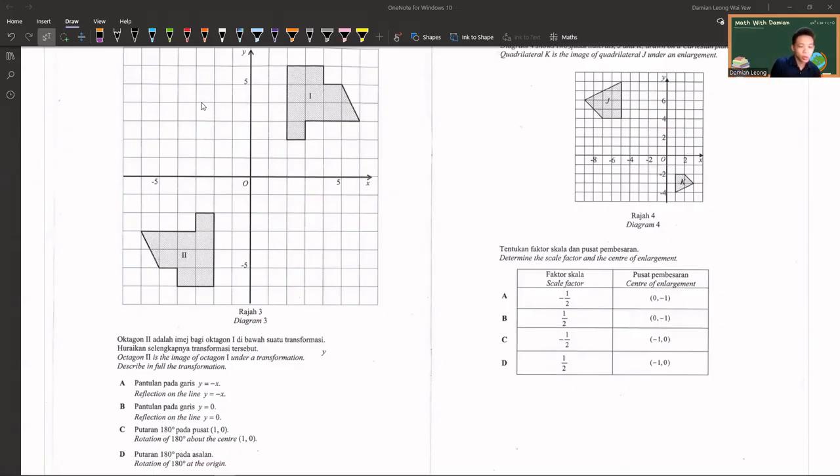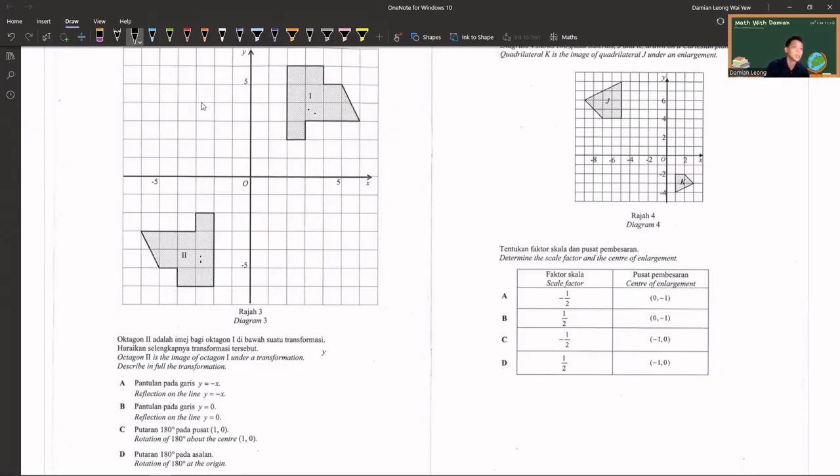So, kami perlu lihat orientasi 2 bentuk ini. Orientasinya bukannya pantulan. Sebab pantulan patutnya kami boleh lihat bagaimana dia membantu kepada arah sebaliknya.